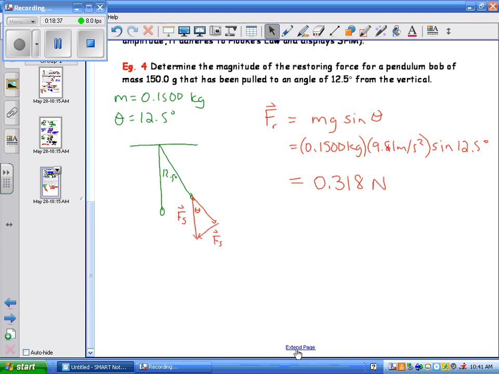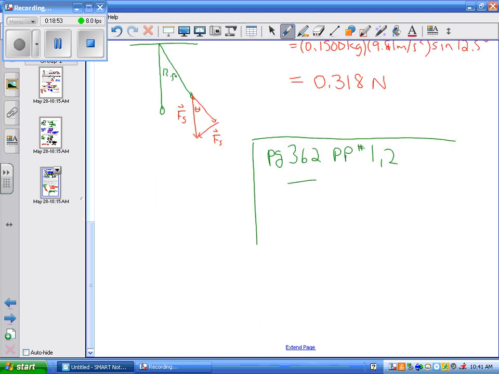And that's all that I wanted you guys to learn today. From this, the restoring force, on page 362, there are two practice problems, numbers 1 and 2. And then in your assignment booklet, your assignment for this particular lesson, for practice, there are some text questions which involve some theory.